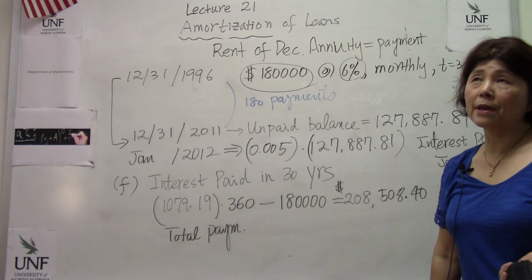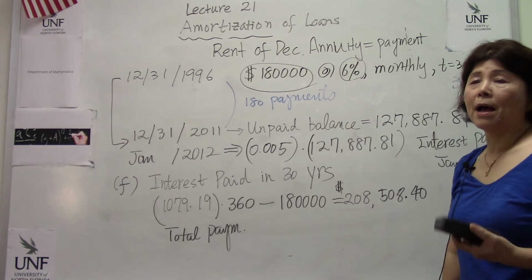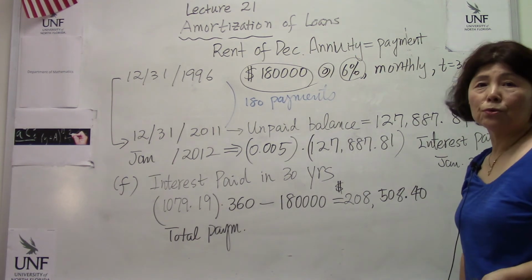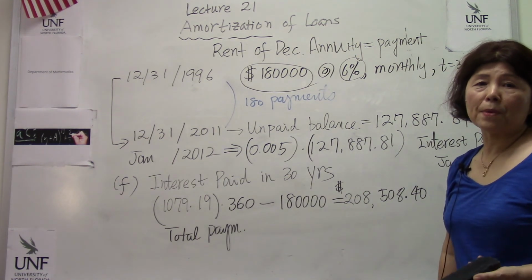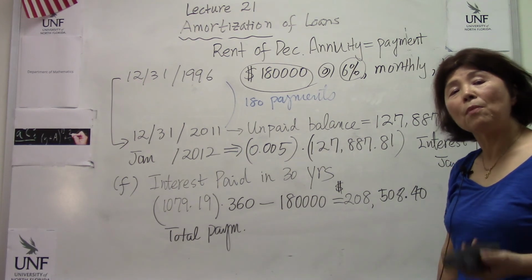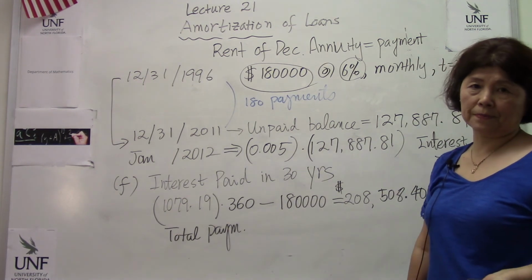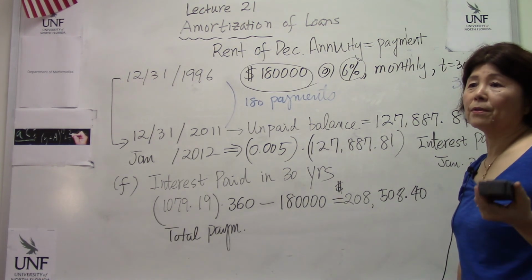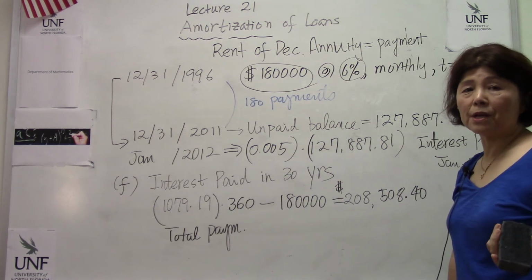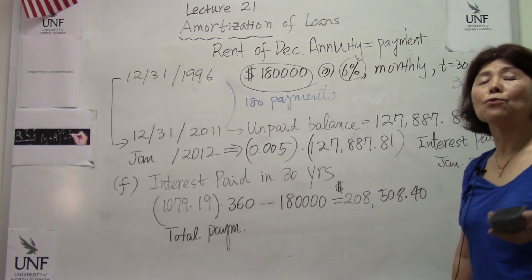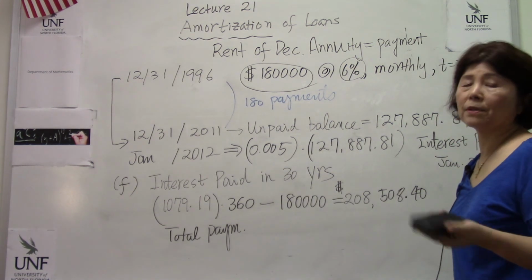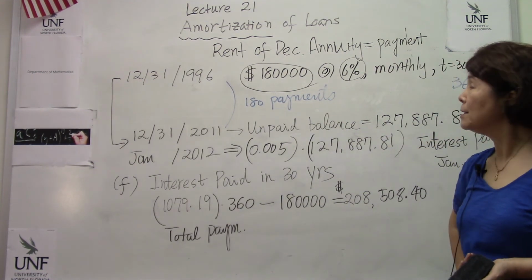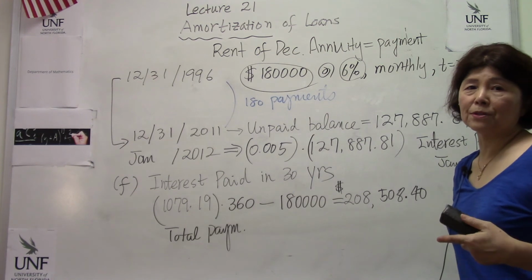You may say, okay, I have a very good job, and I'm not going to wait 30 years to pay off the debt. I'm going to borrow the money in the 20-year term. Well, you can do that. 20-year term, yes, you pay off your debt in 20 years, but instead what? Of course, you are going to have a pretty significantly higher amount of monthly mortgage payment. Okay? So we are going to compare those options next time.